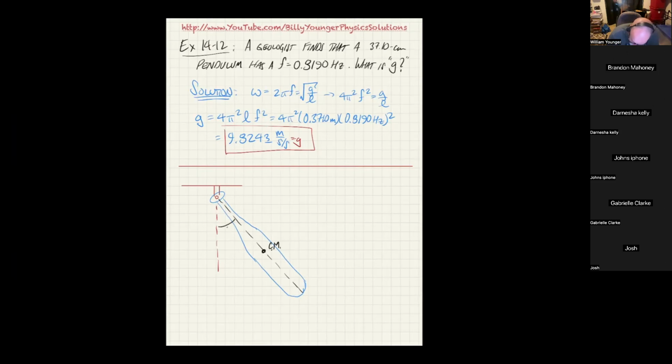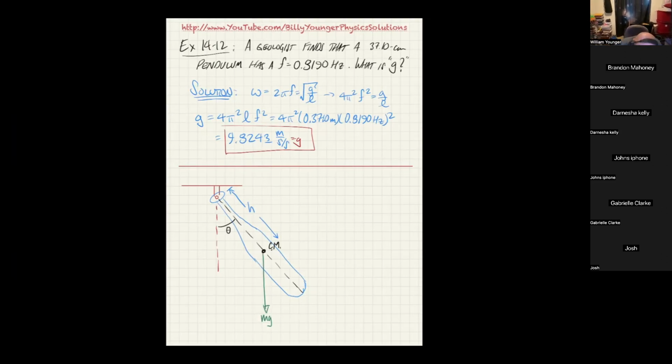But in this case, there's your angle theta. Let's say this quantity from here to here is a quantity h. That's how far the end is from the center of mass. And what we can do is realize that we're going to have a vector mg pointing downward.